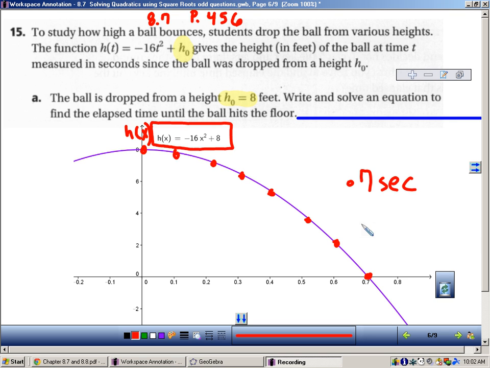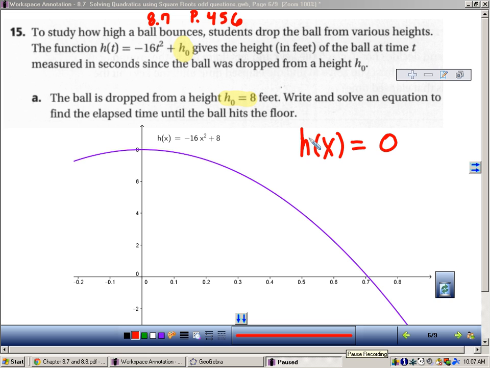And so given that, now I will solve it using algebra. So here's my first step. The height of the ball must be 0 when it hits the floor. When does that happen? And so h of x, the height of the ball, equals 0 feet. So we're setting our function equal to 0.